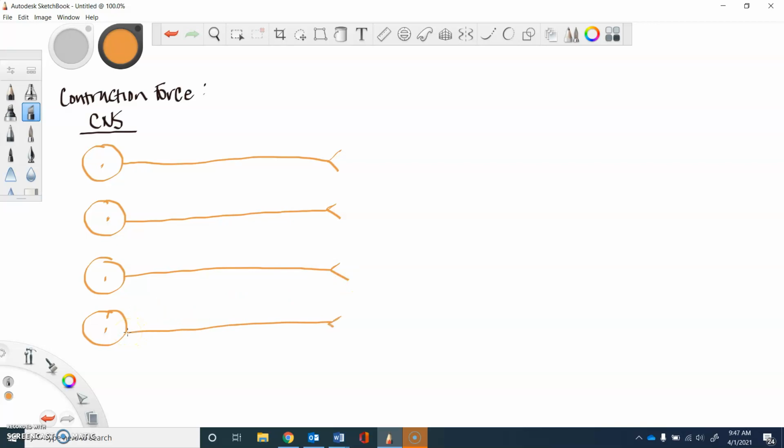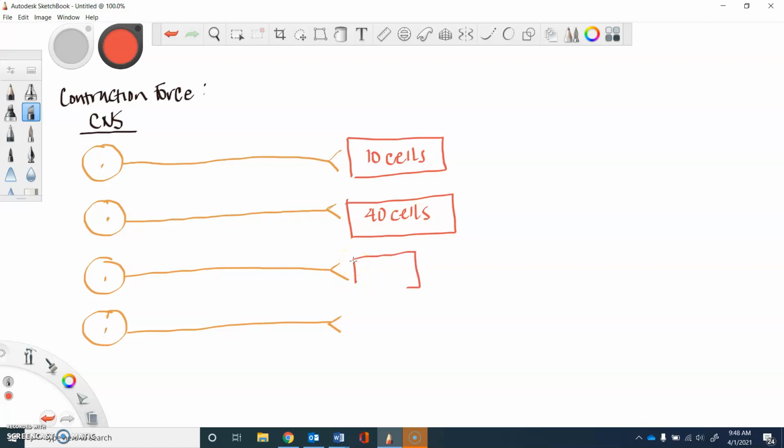They vary, right? So let's just say that this one goes to 10 muscle cells, and let's say this one goes to 40 muscle cells. Let's say this one goes to 6 muscle cells.